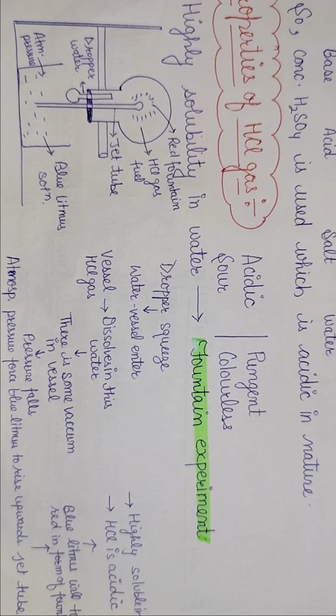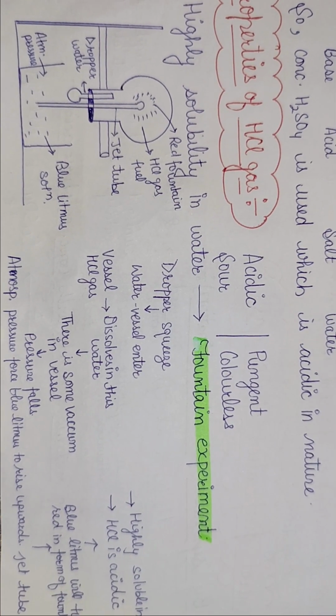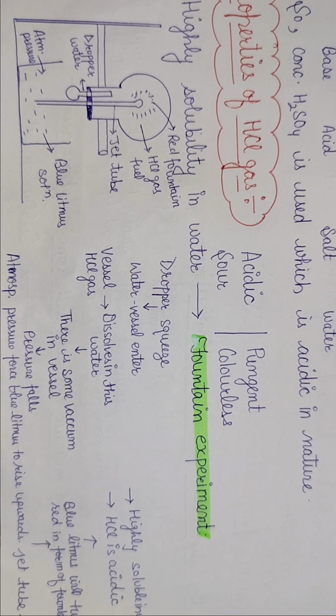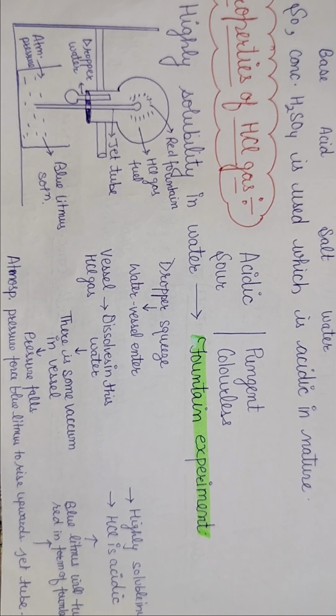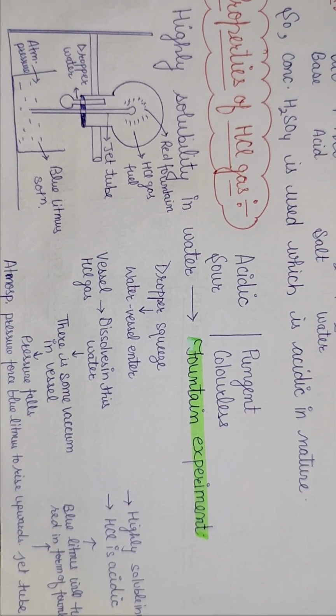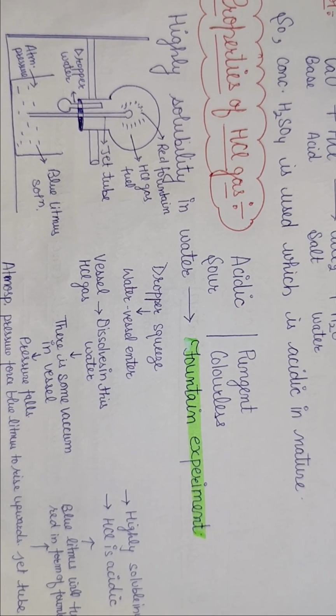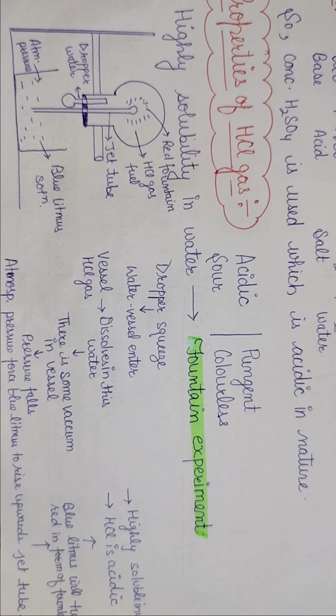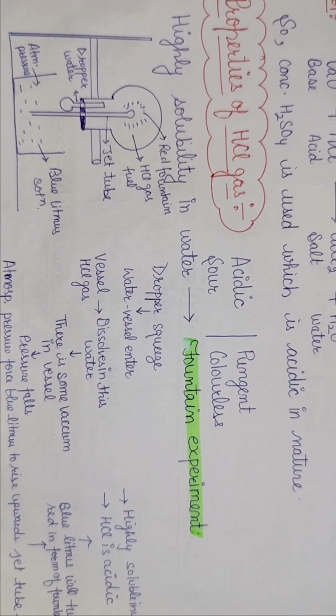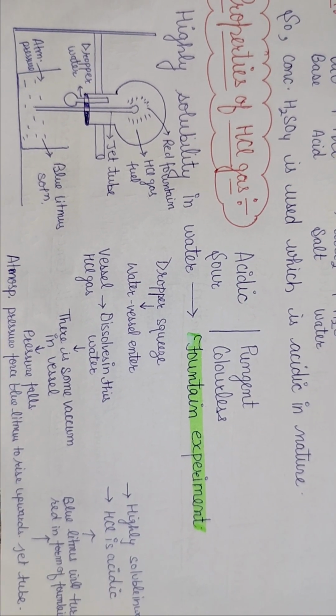Okay. And when this HCl gas dissolves in water, there is some vacuum in the vessel. Because we all know that gases occupy a large area, but whenever we add the water, it creates a lot of vacuum in the vessel, and so the pressure falls.